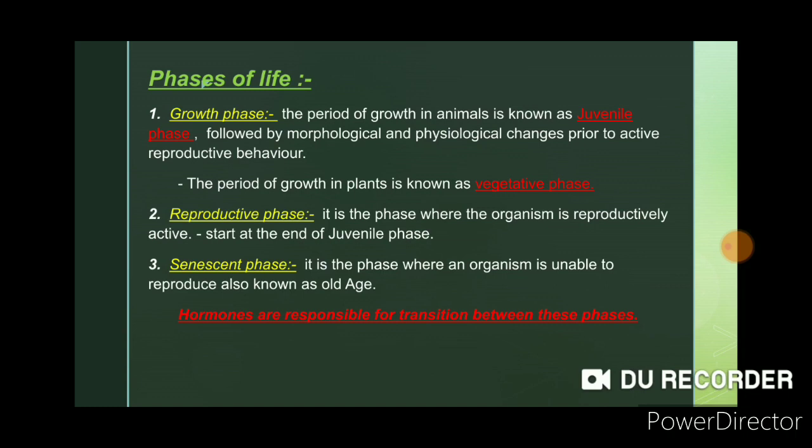I repeat, growth phase is a period of growth where various morphological and physiological changes take place. In animals it is known as juvenile phase, and in plants it is known as vegetative phase. This phase is prior to reproductive phase.